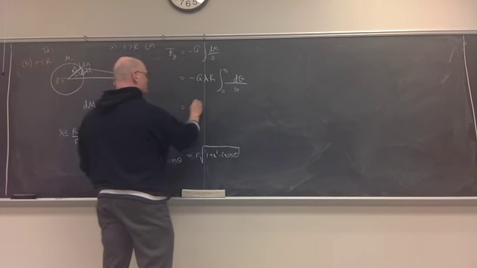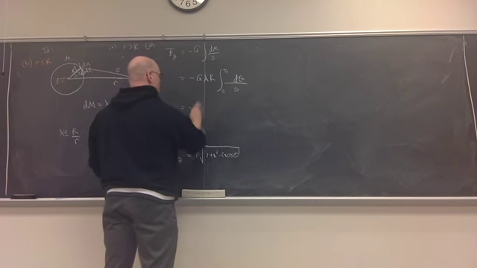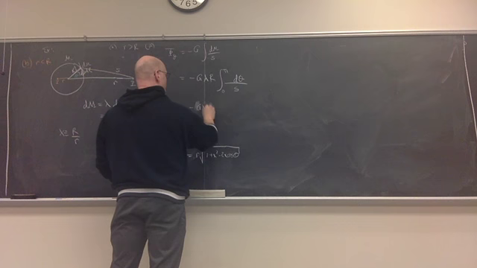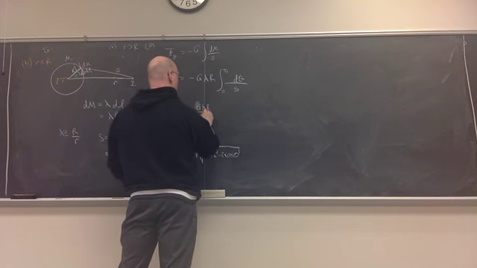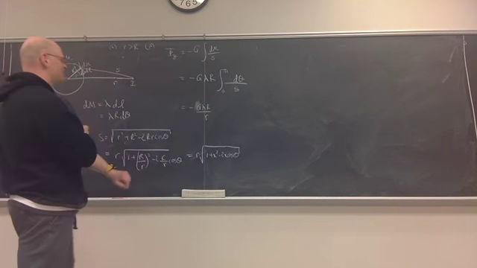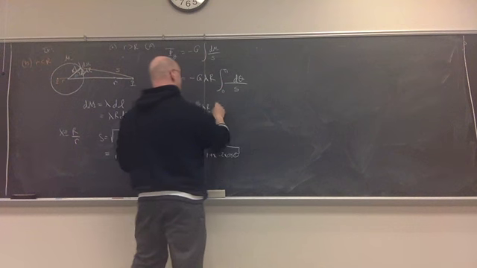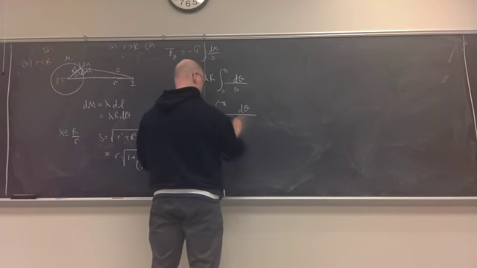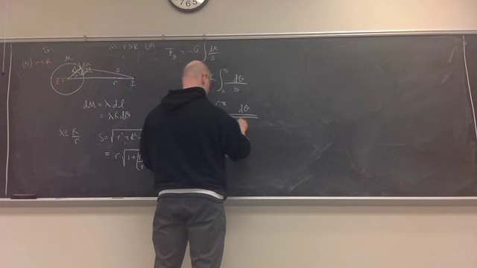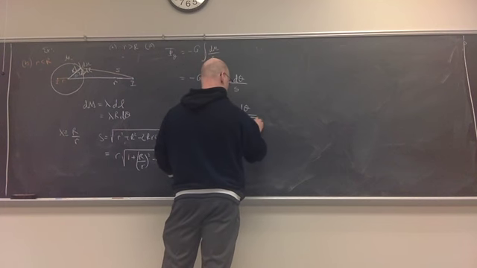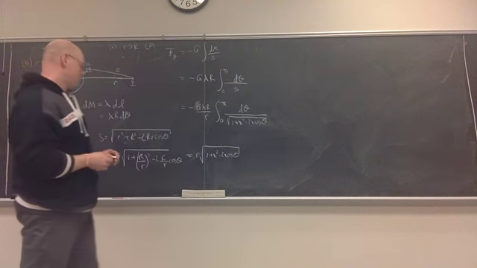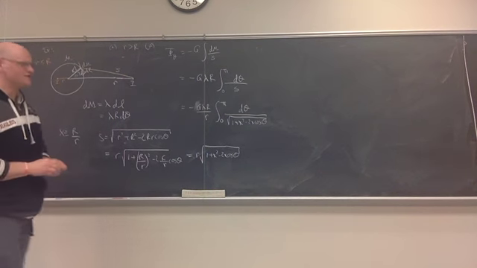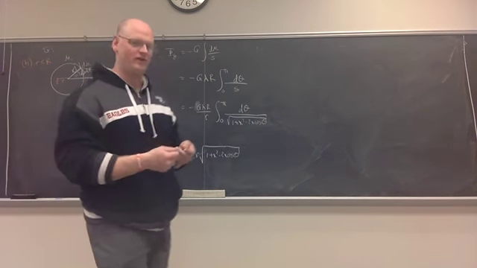So this becomes equal to minus G lambda r over R, because that R is a fixed constant, integral from 0 to pi of d theta over the square root of 1 plus x squared minus 2x cosine of theta. To do this integral exactly, you can do it one of two ways.